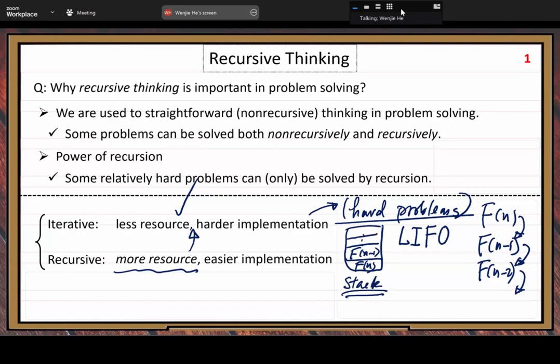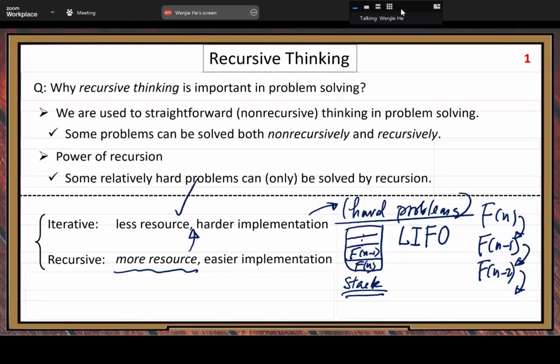We keep pushing unknown values into the stack. But eventually we will reach a known value, right? Because your recursive formula should provide a base value. You need to have the initial values. Otherwise, no solution. So when we reach the base value, it is known.